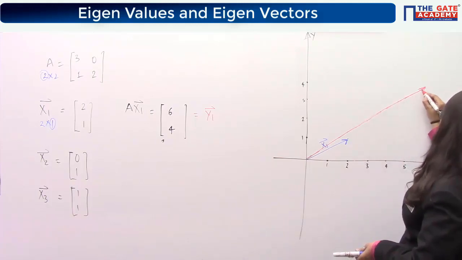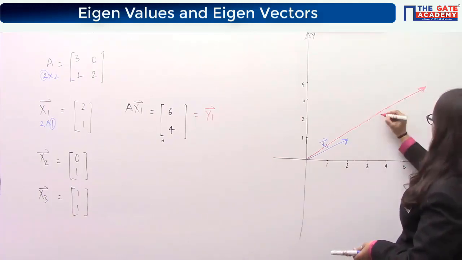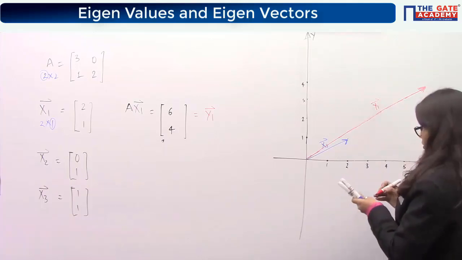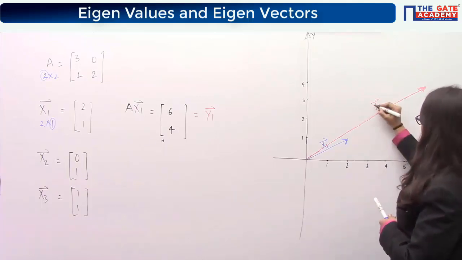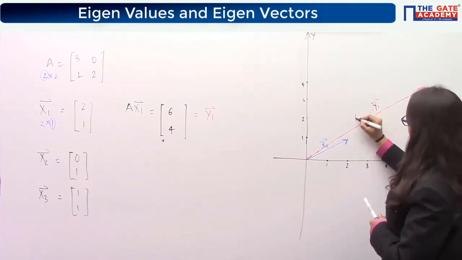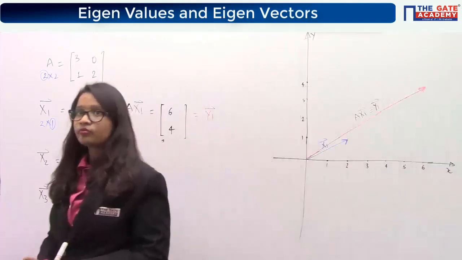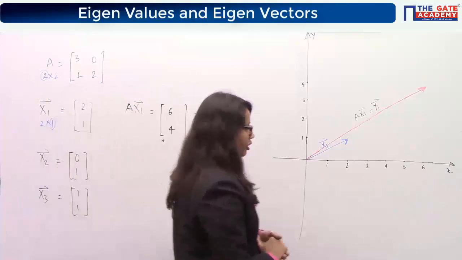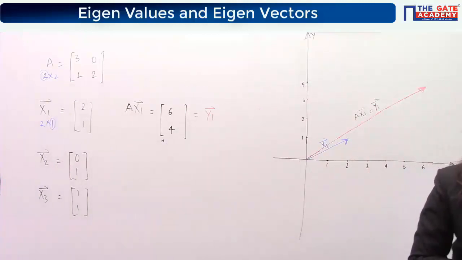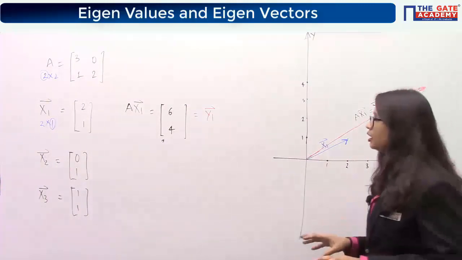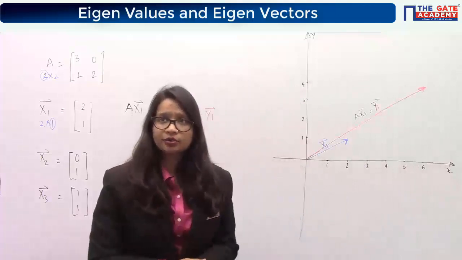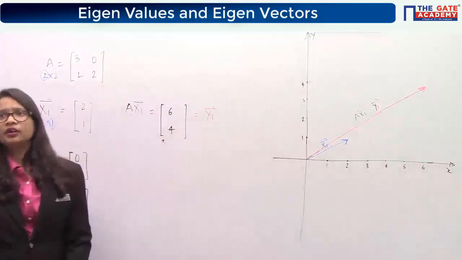So if you have drawn them, then you must be getting this vector as something like this. y1 equal to A times x1. This is just your physical interpretation of eigenvectors, which is never asked in GATE, but it is always asked in interviews. Okay, so if you want to write, then you can write along with me.